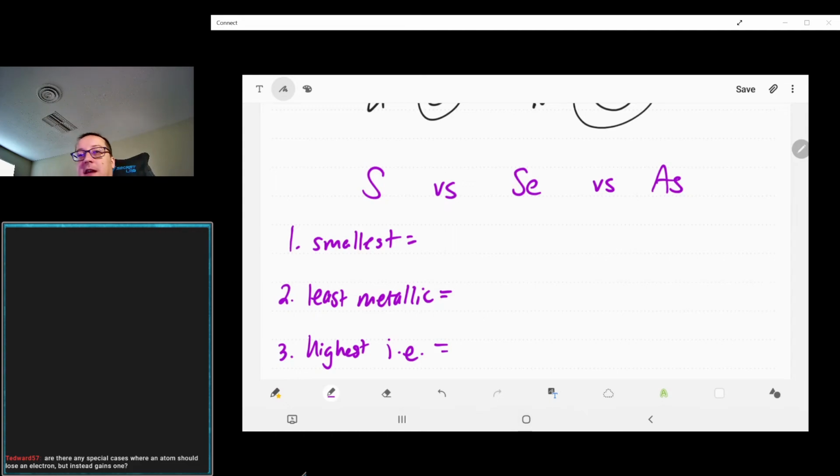This is an example of a question that you would be given. So if we're comparing these three elements, if we want to find which one's the smallest, we have to look at where they are on the periodic table. So sulfur, selenium, and arsenic, let's go ahead and keep those in mind.